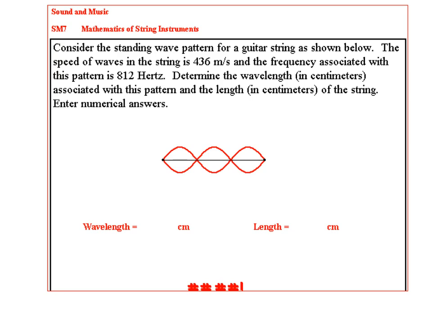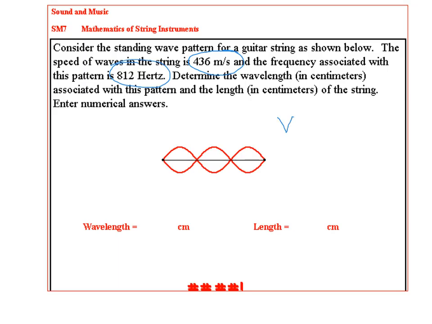Now there's different ways to get the wavelength, but if you look at the information that's given here, we're given the speed of the waves on this string, 436 meters per second, and the frequency associated with this particular wave pattern is 812 hertz. So how do you get a wavelength from a speed and a frequency?